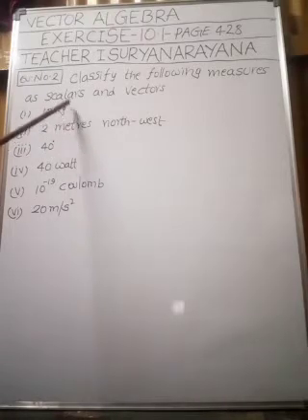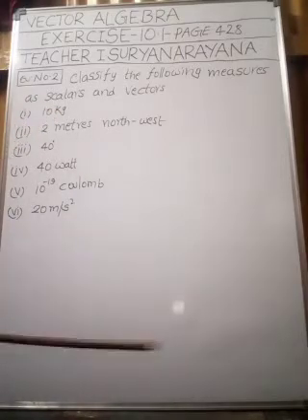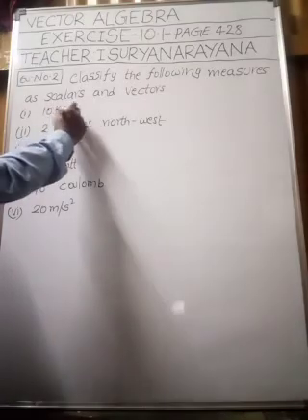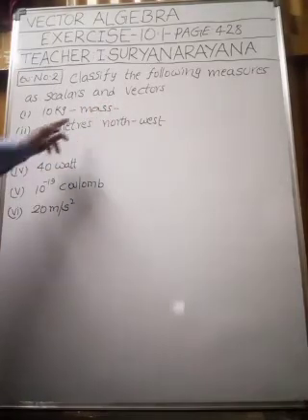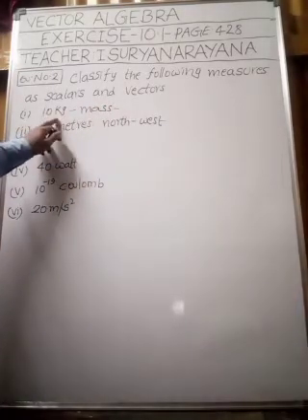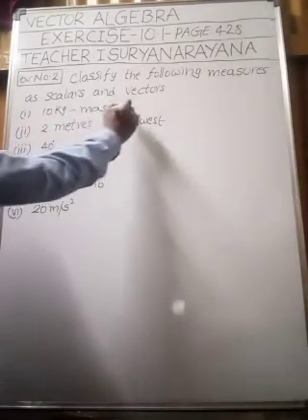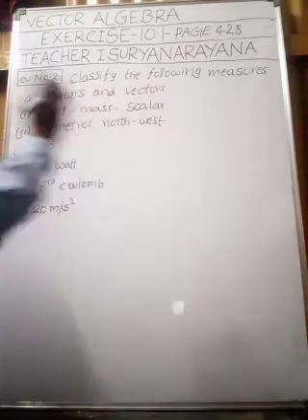What does the unit kgs denote? Yes, mass. To measure the mass of an object, we use the unit kgs. Yes or no, my children? So it is a scalar, mass.